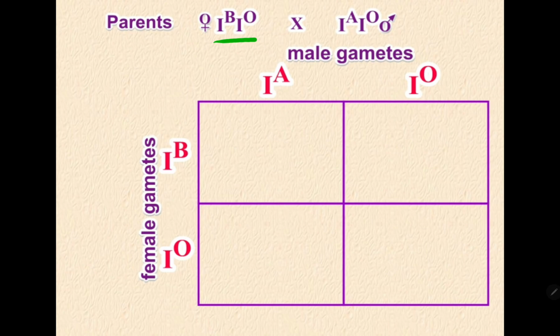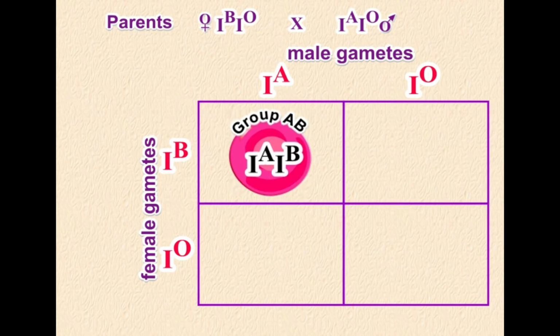So if you've paused the video and tried this, now you can watch on and check your work. One possibility is that the A and the B, both dominant alleles, come together, resulting in blood group AB.